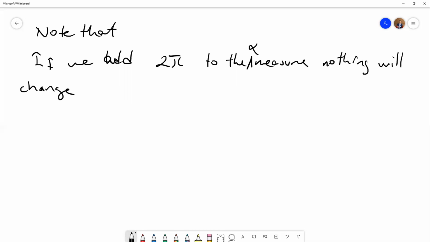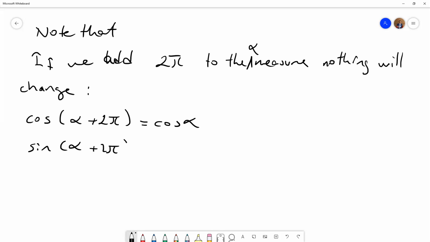What I mean by nothing will change: cosinus of alpha plus 2pi is equal to cosinus alpha again, and sinus of alpha plus 2pi, again sinus alpha.